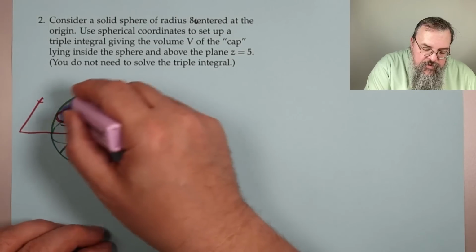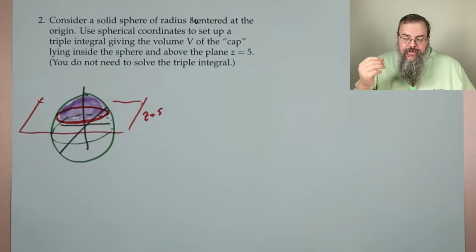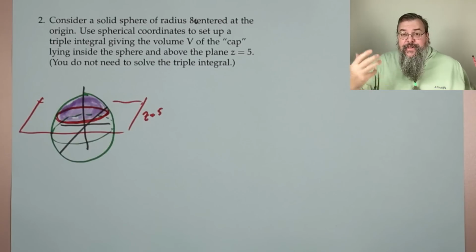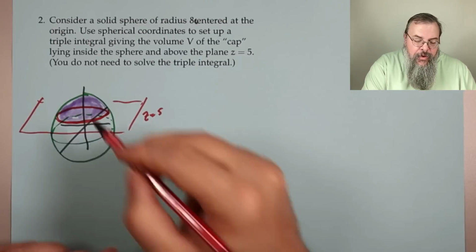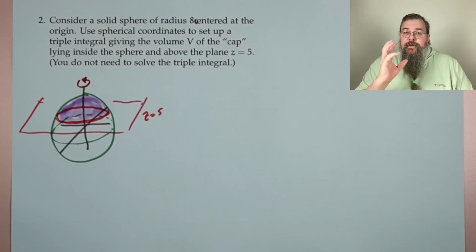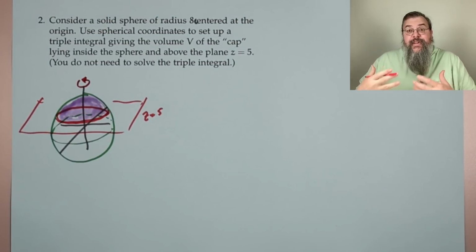Now, how do we describe this? Let's make a couple of quick observations. First, even though it says spherical coordinates, we can use a lot of the same ideas in cylindrical coordinates to help us out. We notice there's this beautiful symmetry. If you spin around the z-axis, the shape is maintained.